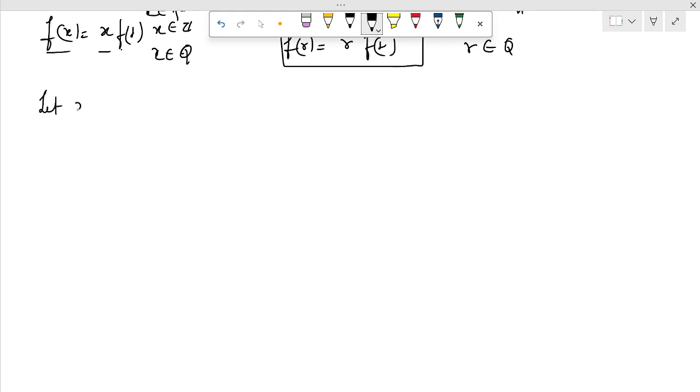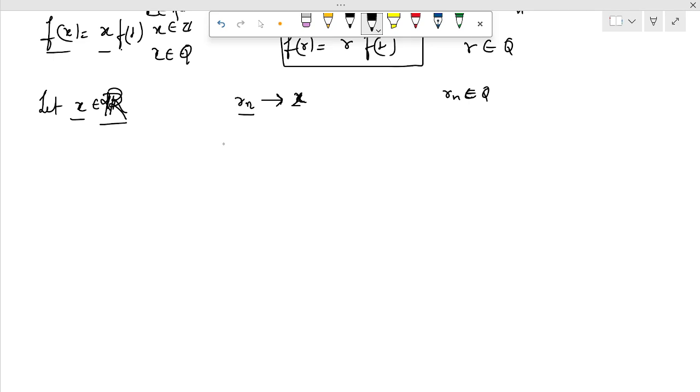Let x belong to R. For every real number, there always exists a sequence of rationals converging to that particular number x. So r_n is a rational number which converges to x.